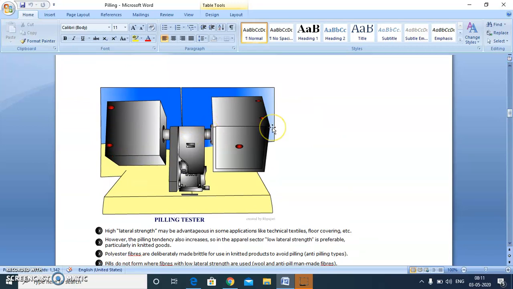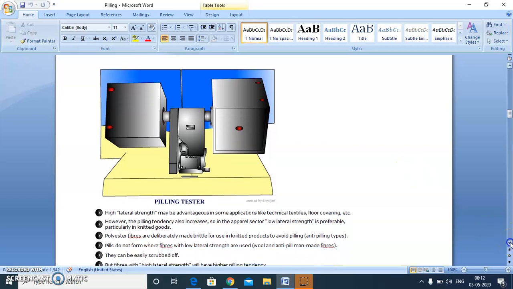There are two boxes which are lined by cork on all the inner surfaces, and we just put the fabric samples in the tubular form mounted on rubber tubes. We just put it inside and we give it a particular number of cycles, or for the particular number of times we rotate these boxes, and after the time is completed, we take out the sample from the rubber tube and we grade it according to grading given to the pilling.